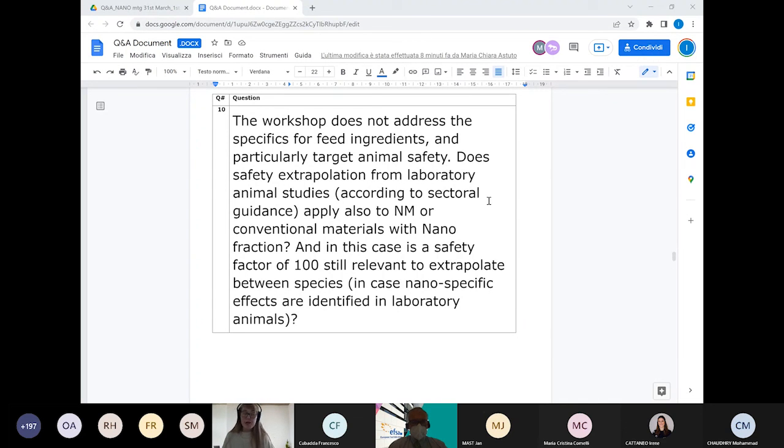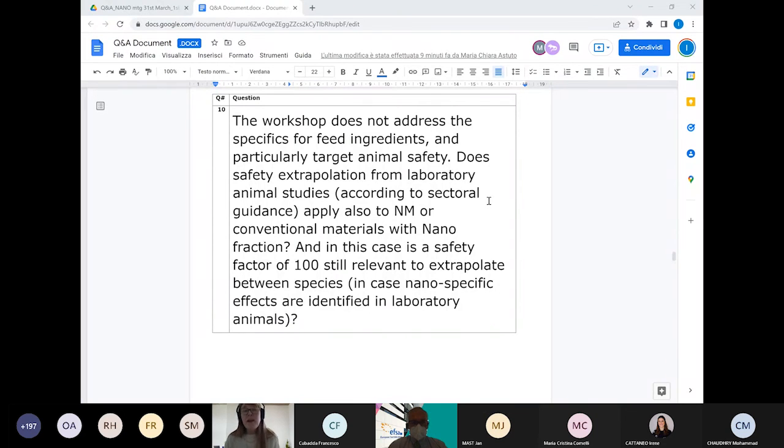Yes, and then it will be used. If we have extrapolation, for example, to derive the health-based guidance value not from a no observed adverse effect level, but from a lowest observed adverse effect level, then we might use additionally a factor for this.